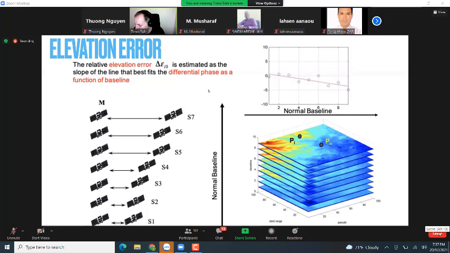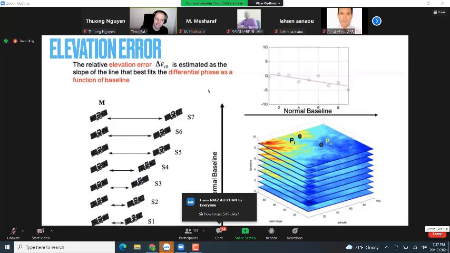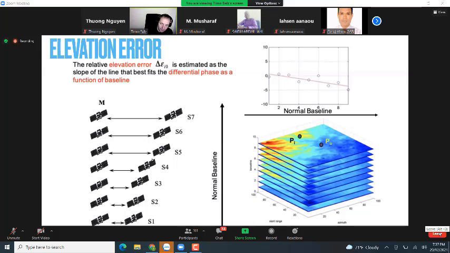We saw that in the equations before: for the topographic phase, the baseline is in the equation, while it's not for motion. So if we can separate the part of the phase that is related to the baseline, then we separate the part related to topography, which we can then use to estimate the DEM error and also remove it.